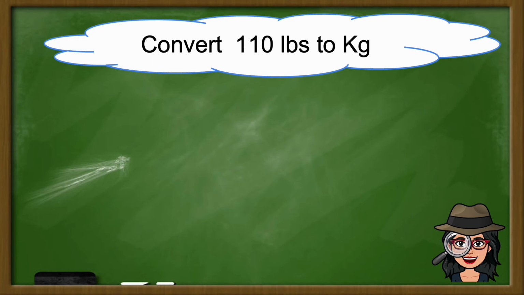Try this another example. This time, you will convert 110 pounds to kilograms. Again, pounds is a unit used in the English system and kilogram is a unit used in the metric system.